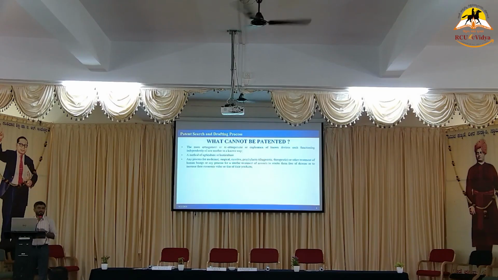See, the way the doctors do the treatment cannot be protected under the patent. But the surgical instruments or other devices can be protected under the patent. Not the way they do the surgical thing.